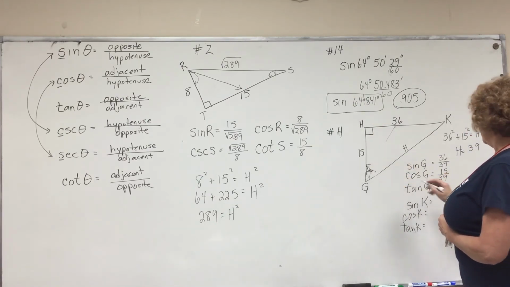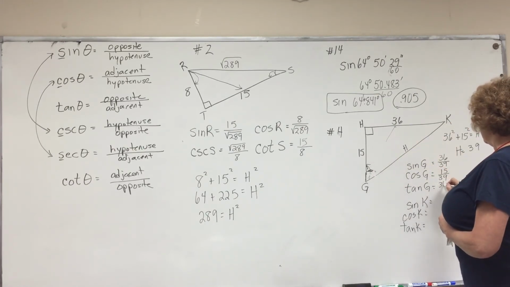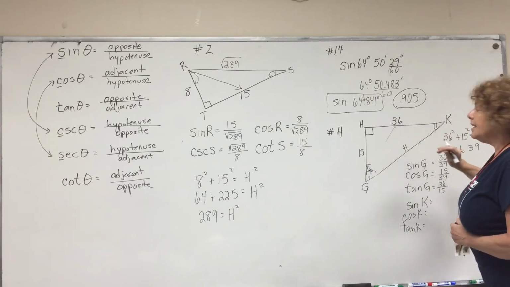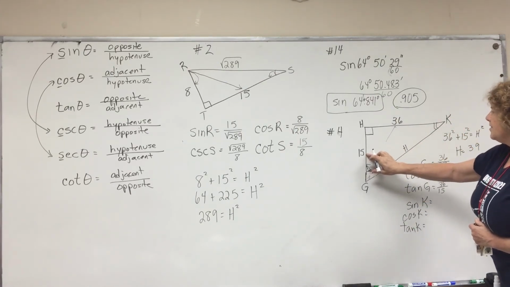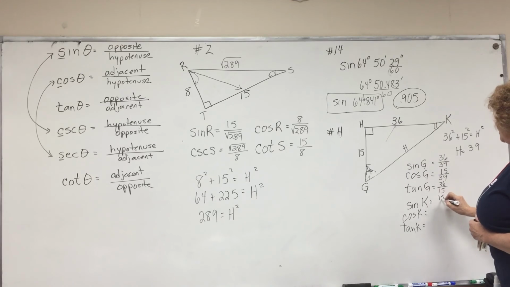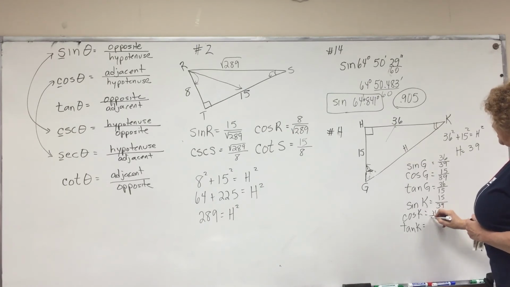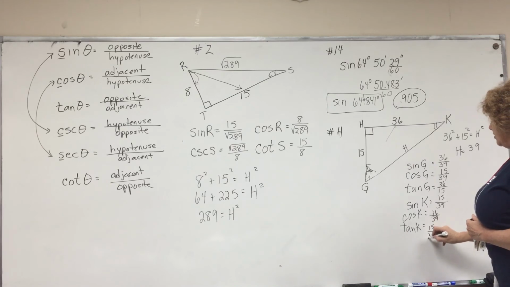And then the tangent is opposite to G would be 36 over adjacent to G would be 15. Now we're going to go over to K. K now has a whole different set. Across is 15. So the sine of K is 15 over 39. The cosine of K is now 36 over 39. And the tangent is 15 over 36.